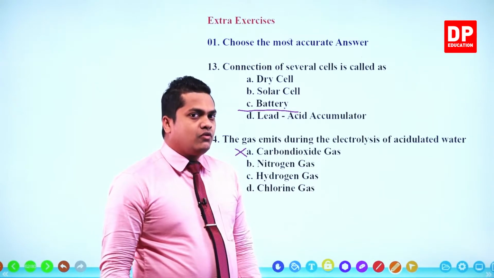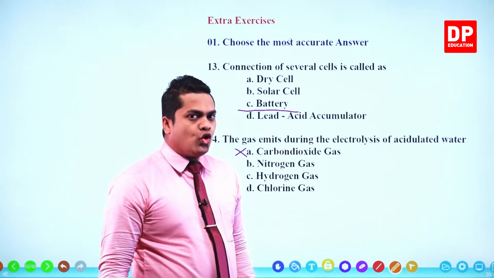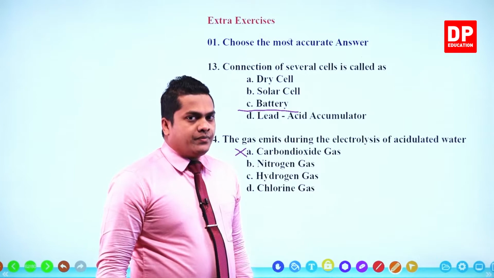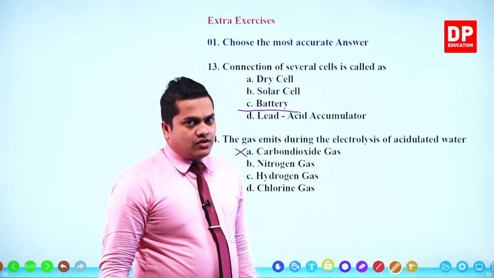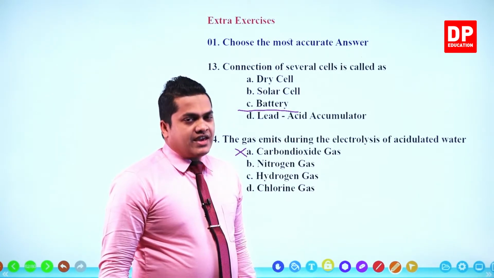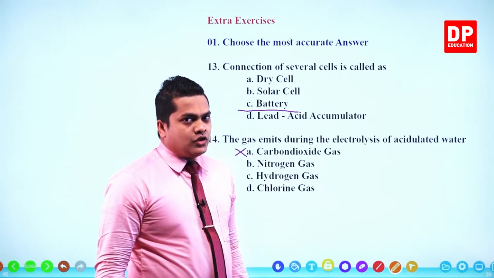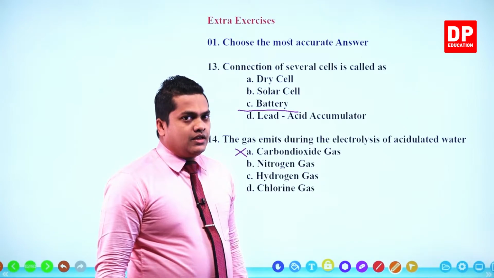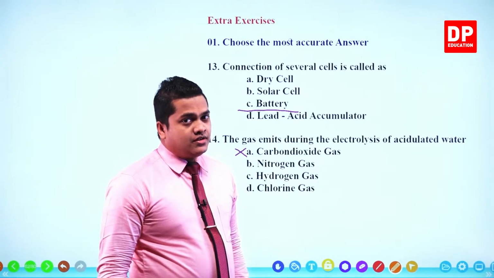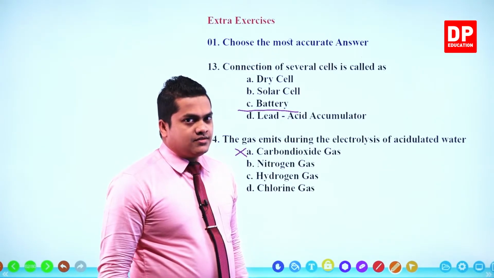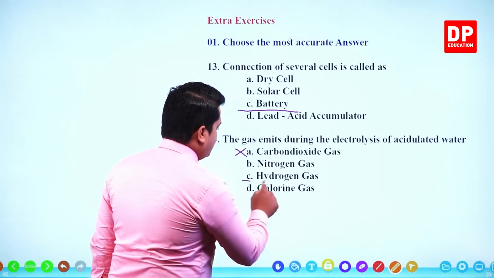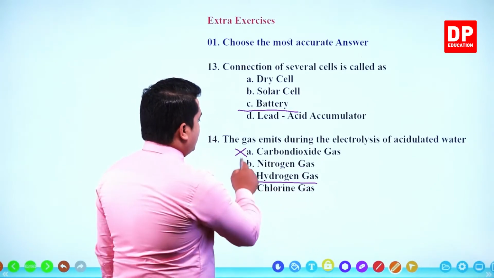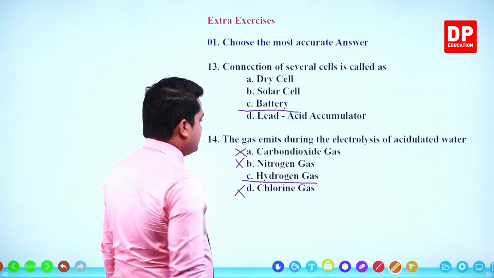The chemical formula for water is H2O, 2 hydrogens and 1 oxygen. So the gas emitted through the electrolysis of acidulated water should be either hydrogen or oxygen. So yes, hydrogen. Nitrogen is incorrect, chlorine is also incorrect.